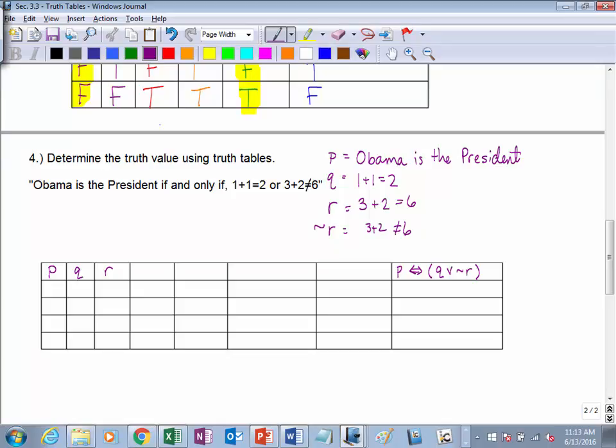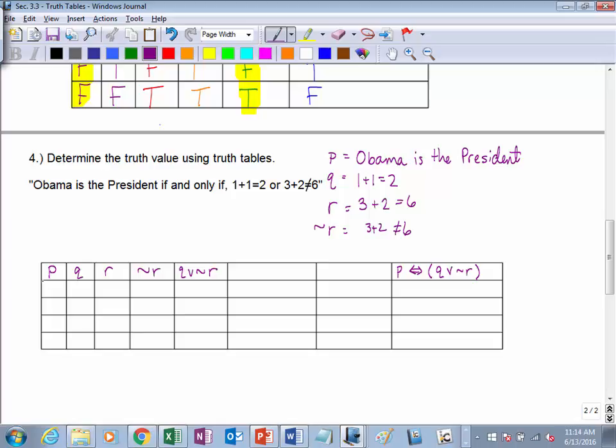You don't have to have R = 3 + 2 = 6. I guess if you wanted to do it the other way, that would be fine too. So I would have a column for not R. I would have a column for Q or not R. So I think those are all the columns that I would need.